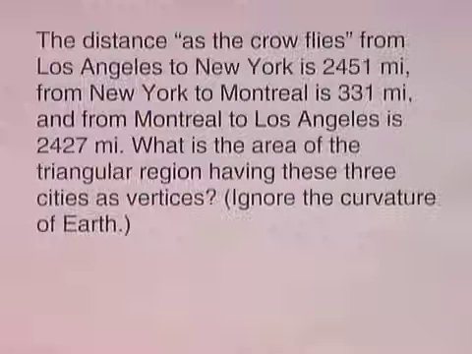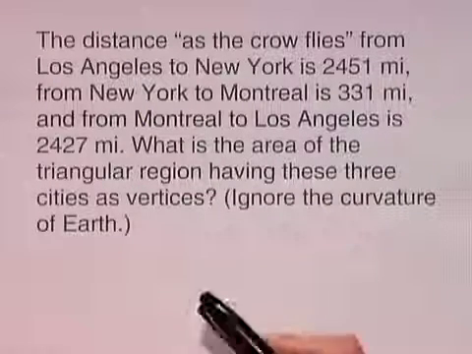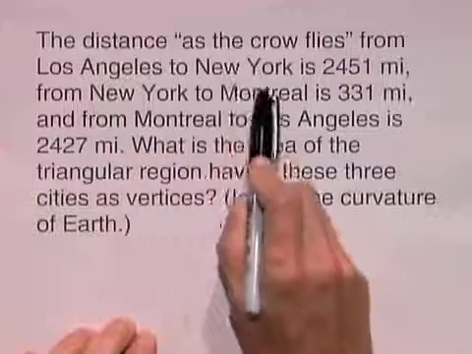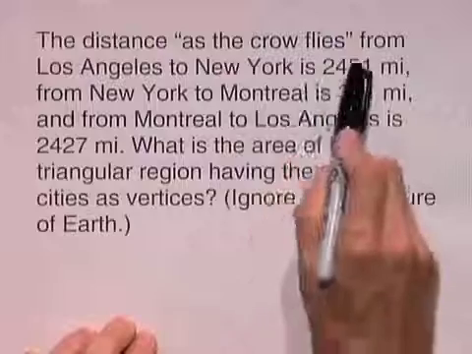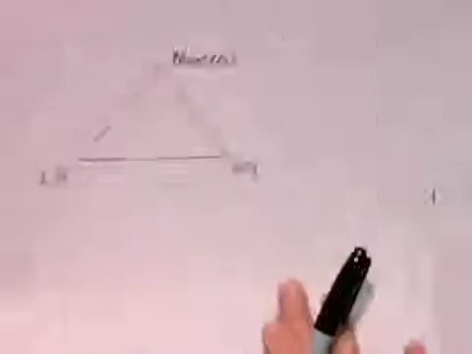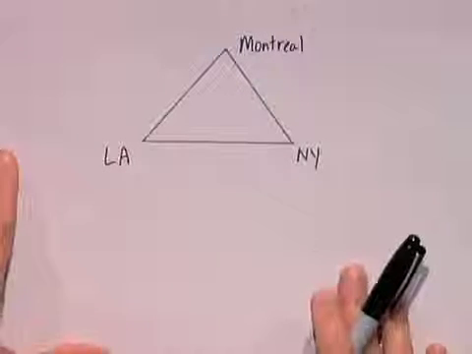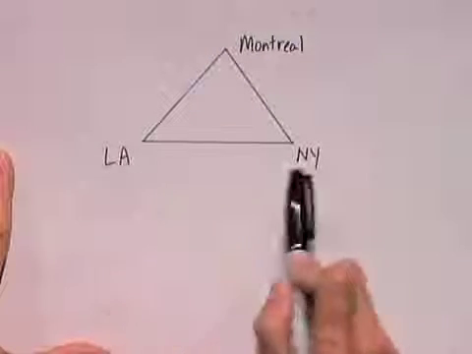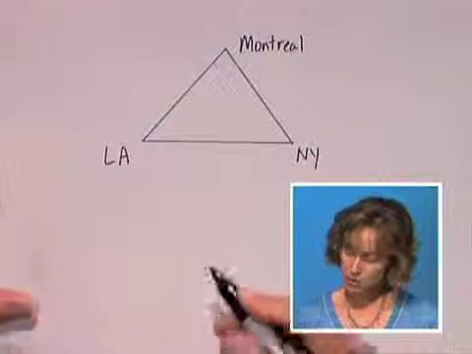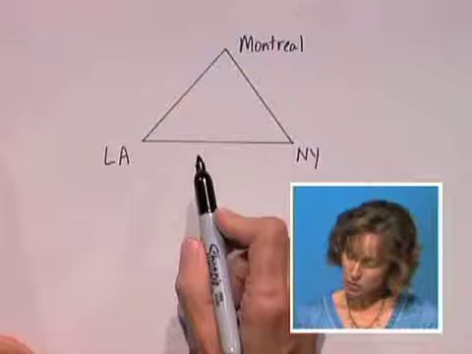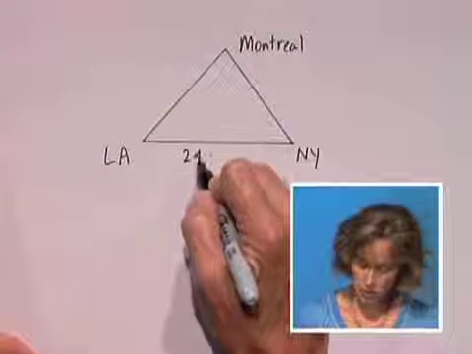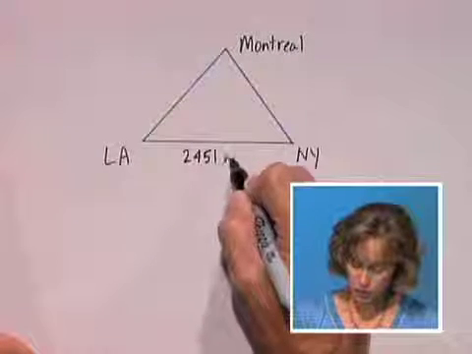Well, a good thing to do with a problem like this is to draw a picture. I'm going to draw a triangle, labeling the vertices with the three cities, and labeling the sides with the distances between them. This is not to scale, but I've got Los Angeles, New York, and Montreal. The distance from Los Angeles to New York is 2,451 miles.